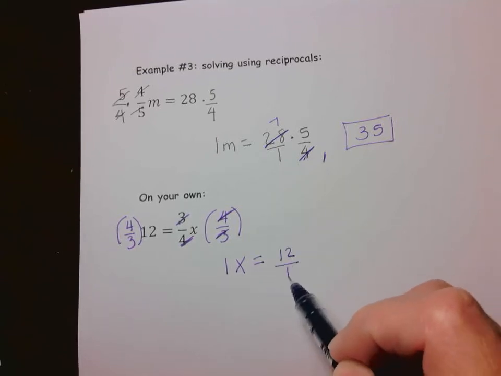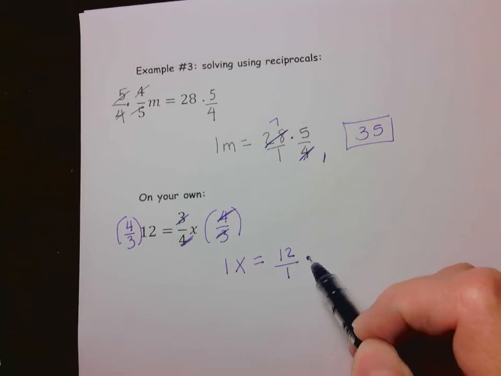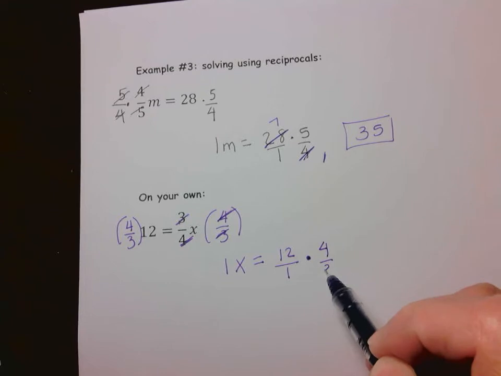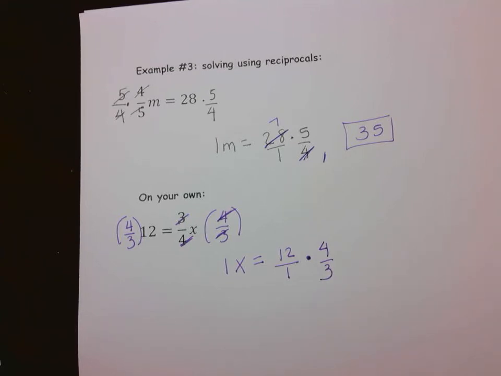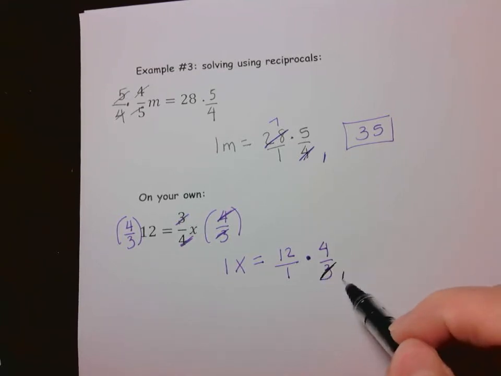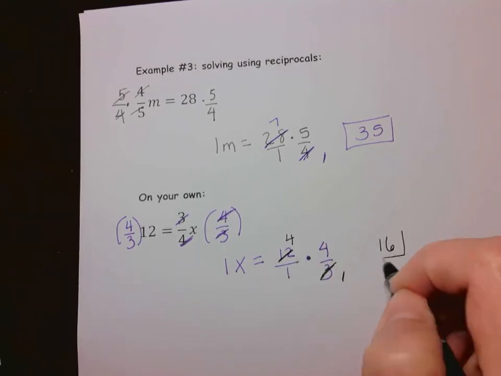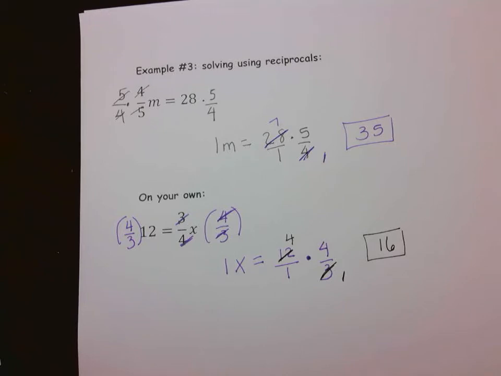And then I have 12, I'm going to put that over 1 just so it's easier, 12/1 times 4/3. Again, do less math. Cross reduce if possible. It'll make your computations easier, and you want to use your calculator as infrequently as possible, so cross reduce.